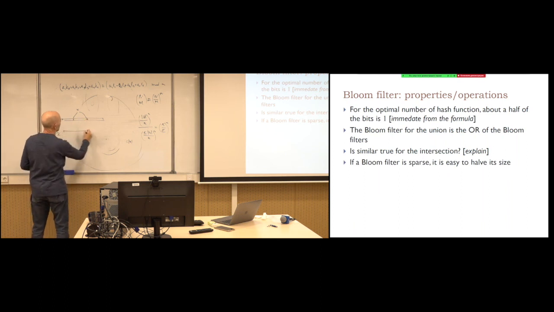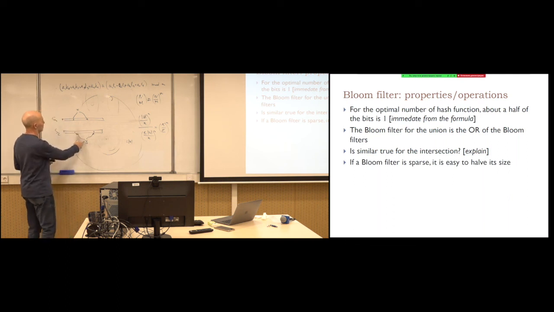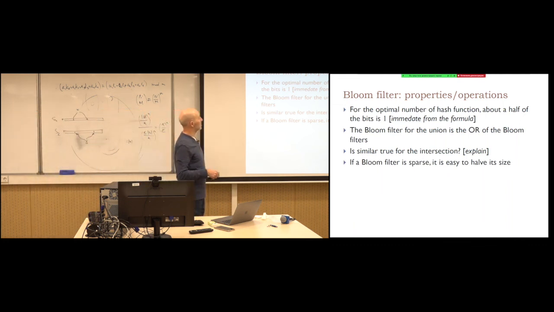In another Bloom filter, we may have some object Y, which has one here and maybe one at the same location here. Assume that Y doesn't belong to S1 and X doesn't belong to S2. When we take the AND, this one will stay, and this one should not be in the intersection. So this doesn't work with intersection.